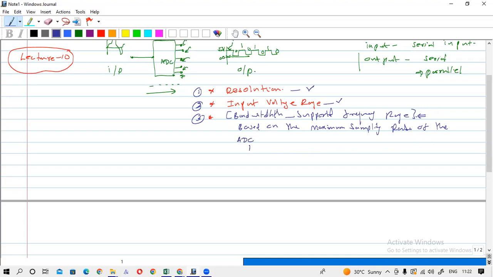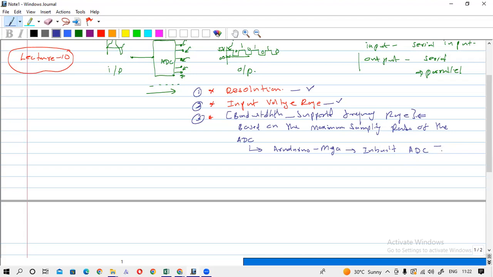For example, in the Arduino Mega board, you have an inbuilt ADC. If the inbuilt ADC is not there, we can't use the analog pins.